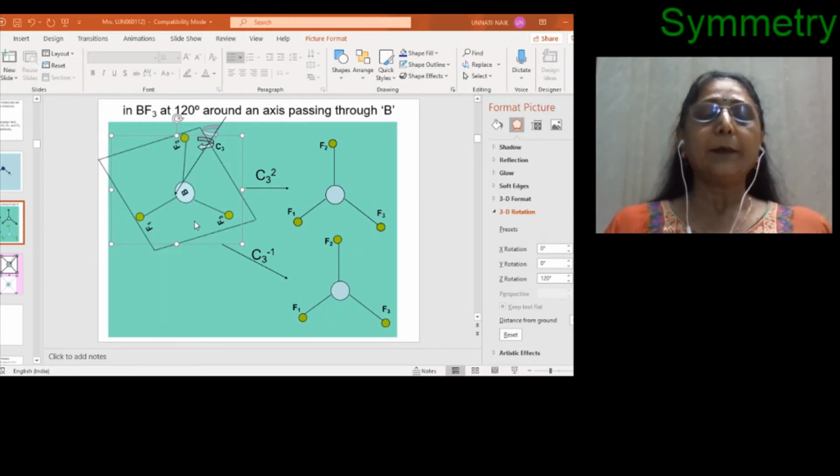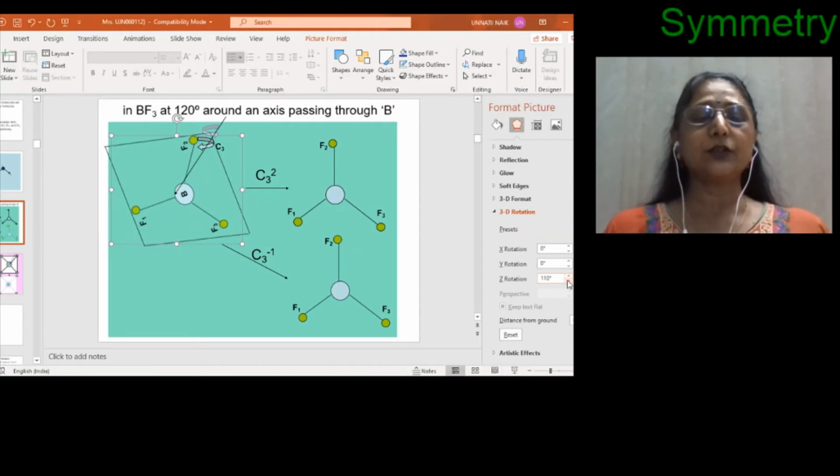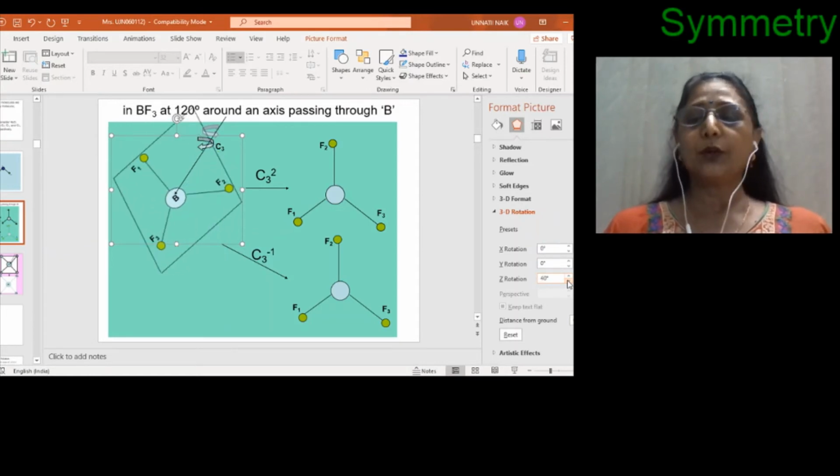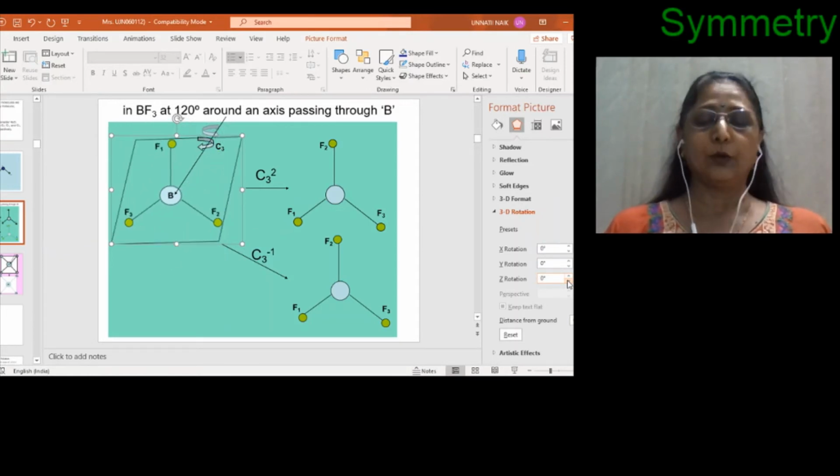Now I am considering the molecule, and I am rotating it to get back the original structure, or I can say the original position of the molecule. Initially we represented structure number 1, that is the original structure, and this represents the position of the fluorine atoms around the boron atom after 2 rotations.